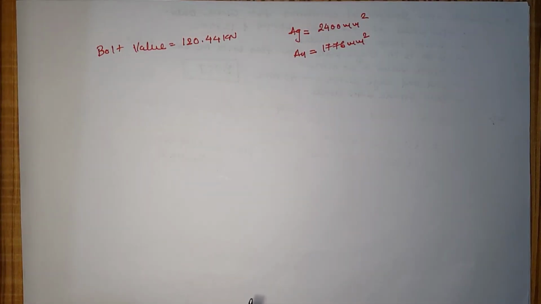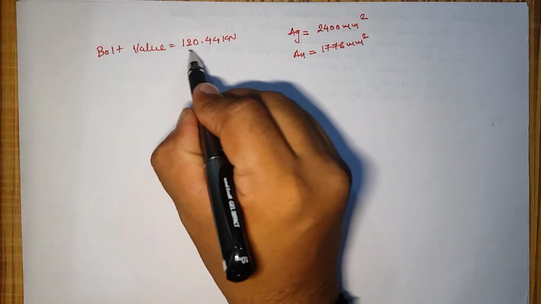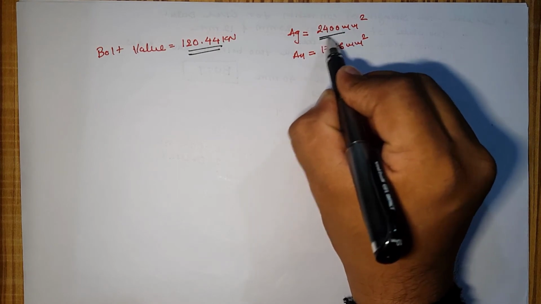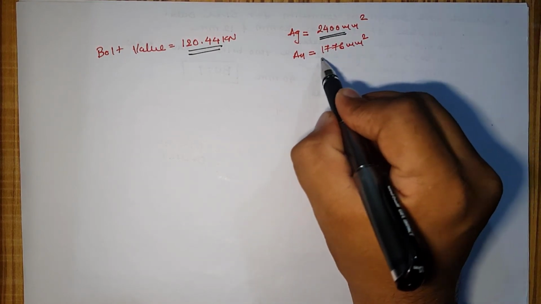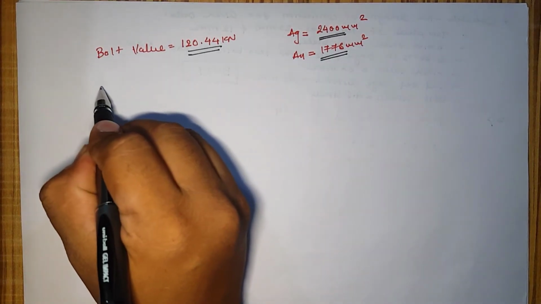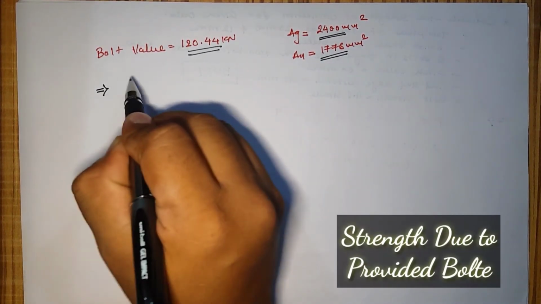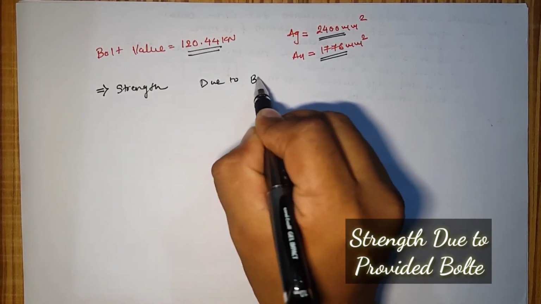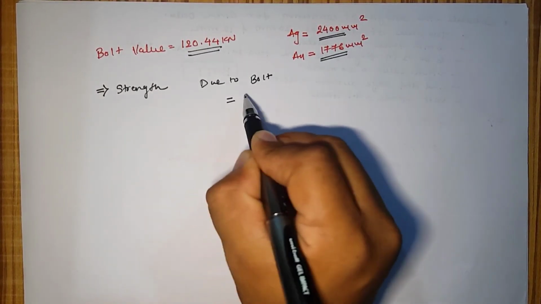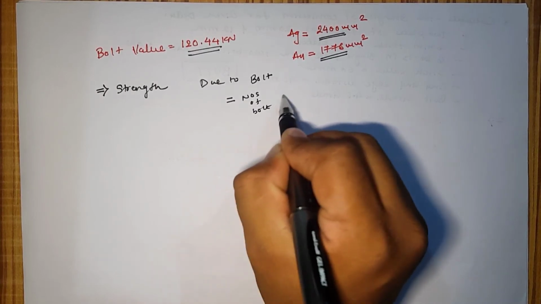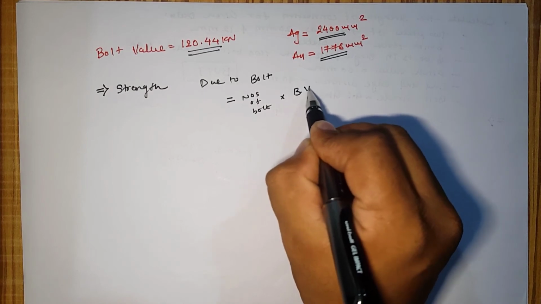Now from the calculation we have the bolt value as 120.44, the gross sectional area as 2400 mm square, and the net cross sectional area as 1776 mm square. Now let us calculate the strength due to bolts only, which is equal to the total number of bolts into the bolt value.